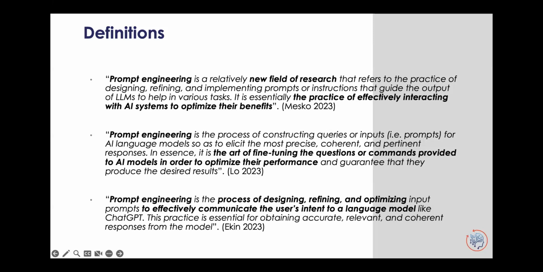So they're all the same core, but you need to think about it as a way to effectively enhance our interaction with the AI. It's an art, fine-tuning the questions. And it's a process to close the gap between the user's questions and the AI output.